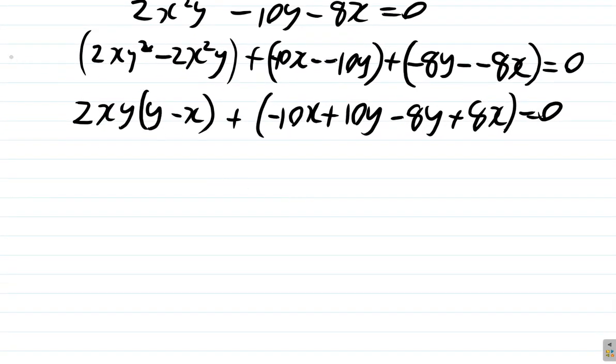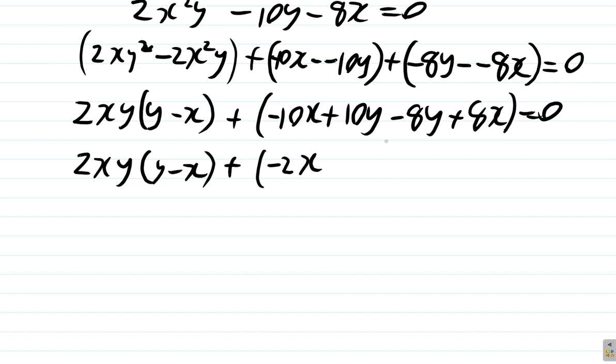So now 2xy(y minus x), plus negative 10x plus 8x, that would become negative 2x. And then 10y minus 8y is a positive 2y, equals 0.